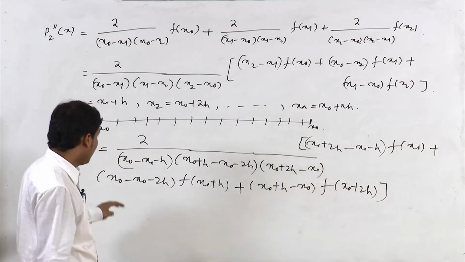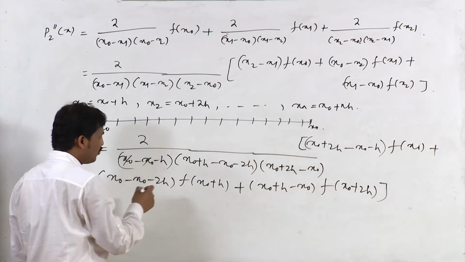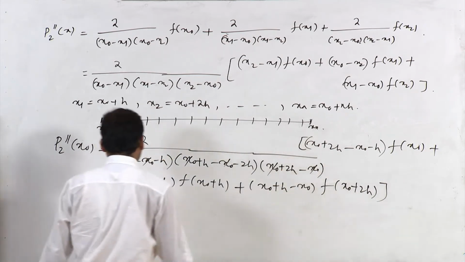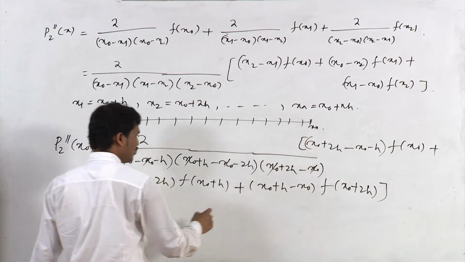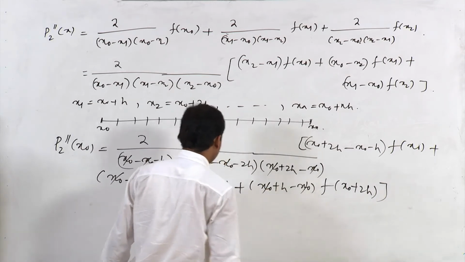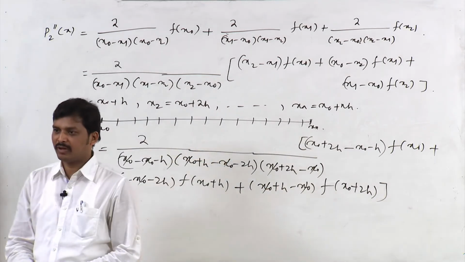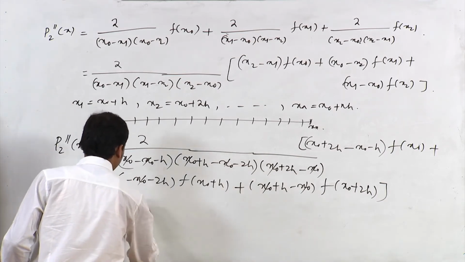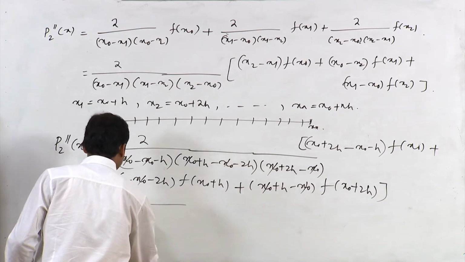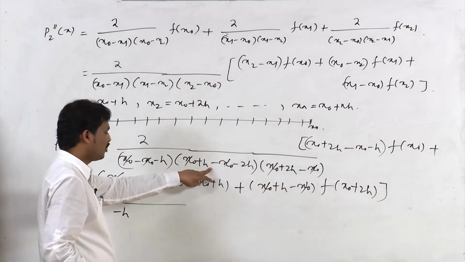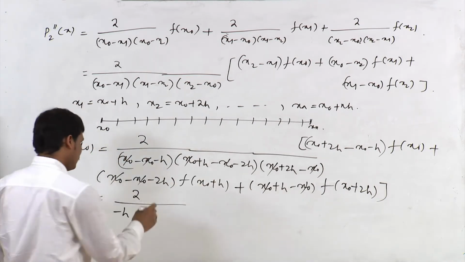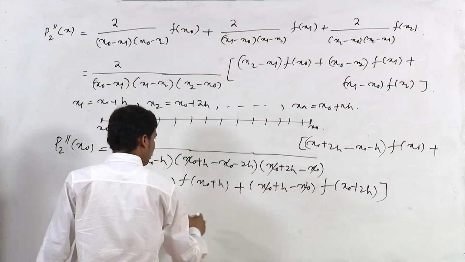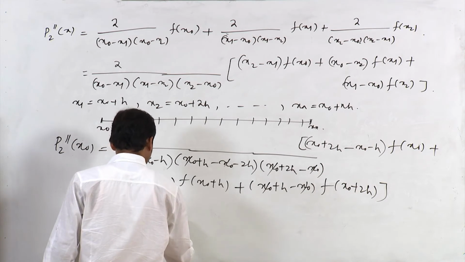If you see here, x0 cancels out, x0 cancels out, x0 is also cancelled out here, this is also cancelled out, this is also cancelled out. If you write it in complete form, it can be written as 2 by minus h, this one also minus h, and the last one is nothing but 2h.